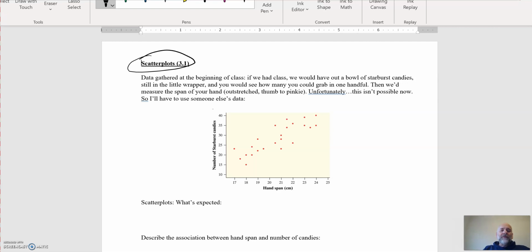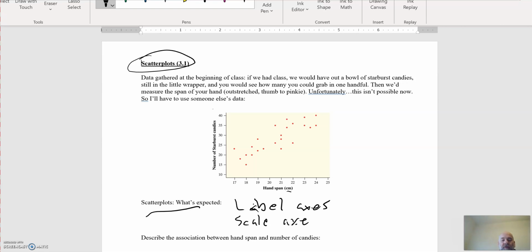First off, what is expected when you see a scatter plot? What should we see? The big thing is make sure that you label your axes, always, and indicate units if appropriate. That's always a good thing to do. Then also scale your axes.